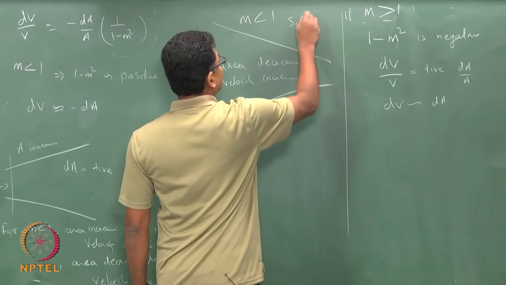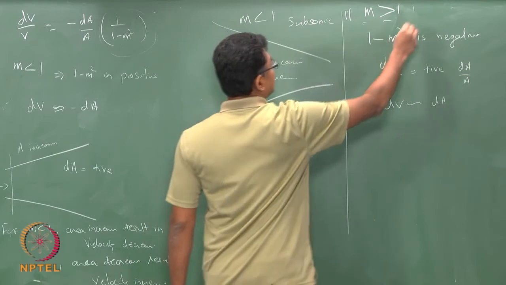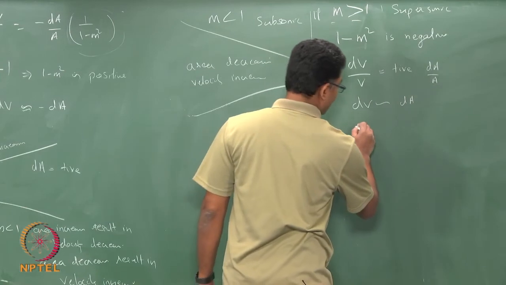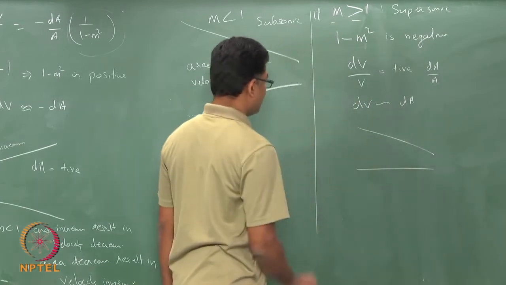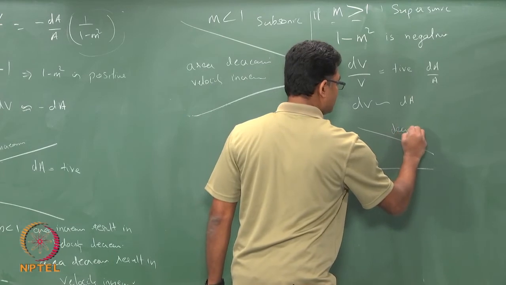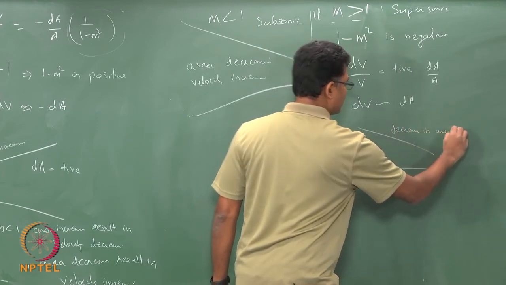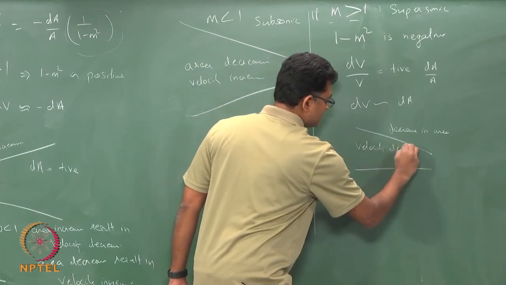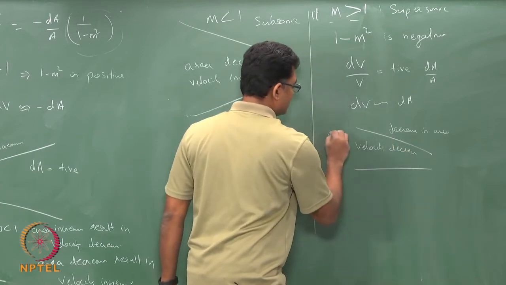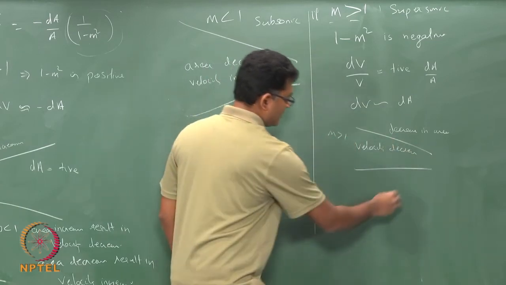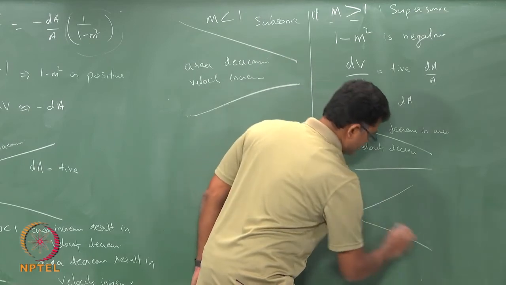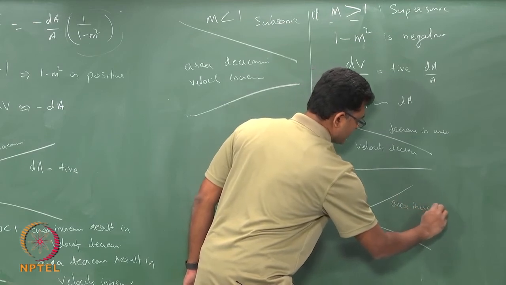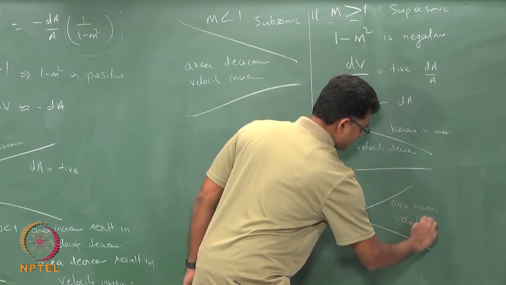So, this is subsonic, this is supersonic. So, with a decrease in area, velocity will also decrease if my m is greater than 1, and with area increasing, my velocity also increases.